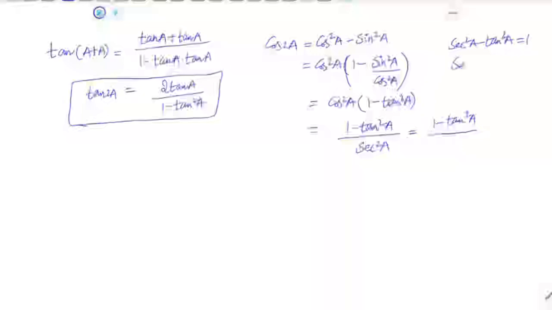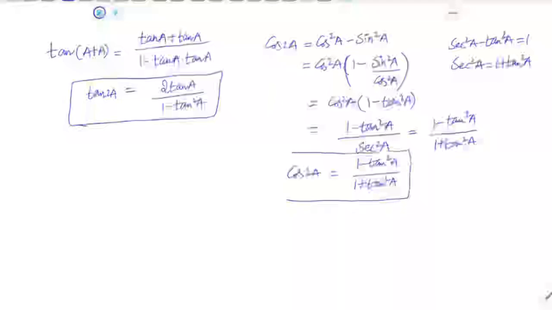Therefore, secant square A can be written as 1 plus tan square A. So in place of secant square A, I can write 1 plus tan square A. Finally, we got cos 2A in terms of tan, which is 1 minus tan square A by 1 plus tan square A. So this is cos 2A.